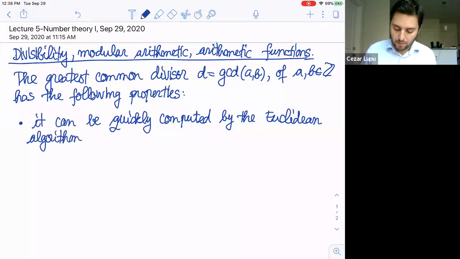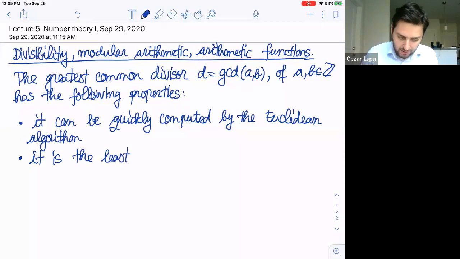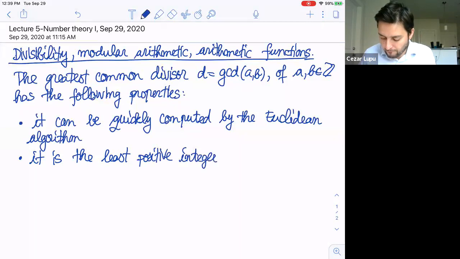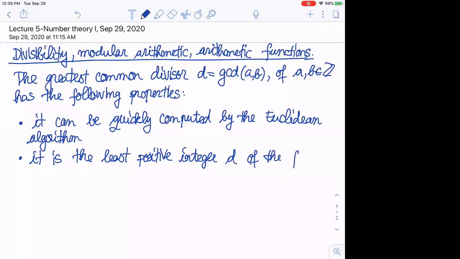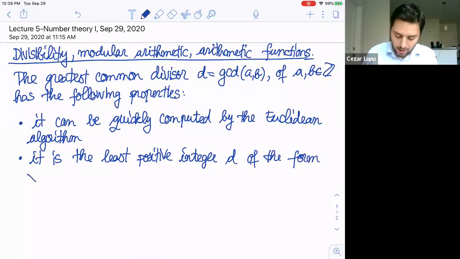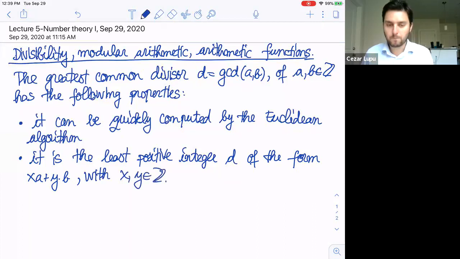Also another property, it is the least positive integer D of the form XA plus YB with X and Y integers. And you will see what I mean by that. I will explain this immediately.